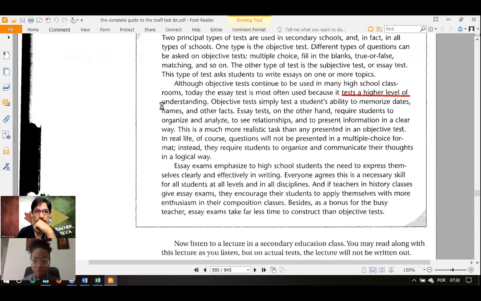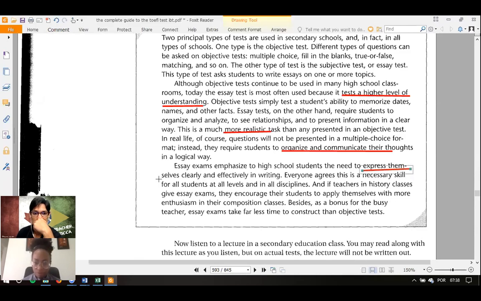This is going to be a key point. More realistic than present. More realistic, probably. Organize their thoughts. This probably will be the second key point. Express themselves. This is another key point, I'm sure. Yes.